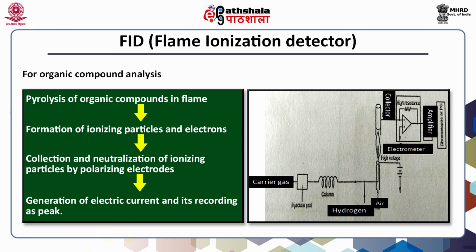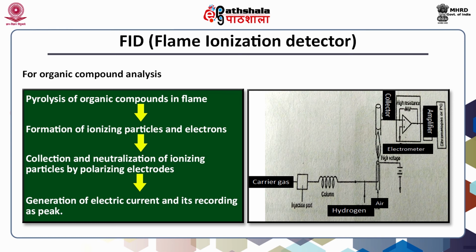The advantage of this detector is that it is very linear, its response is also very good, it has very low noise, and it is rugged and easy to use. But everything has advantages as well as disadvantages. This detector is a kind of destructive detector. Whatever sample is eluting out and passing through the detector is ionized and destroyed, so we cannot make use of that eluted component any more.